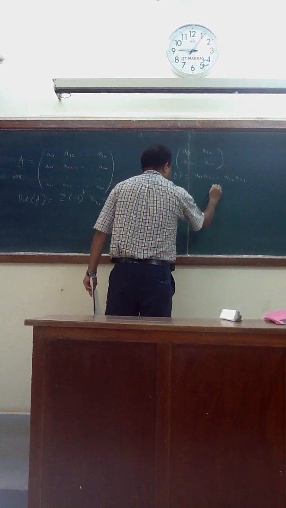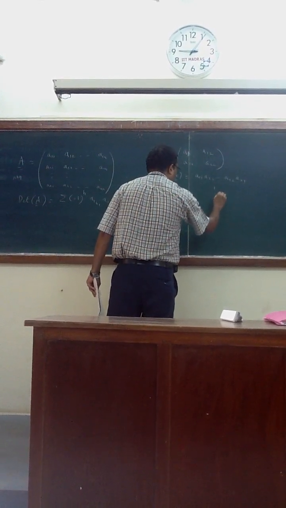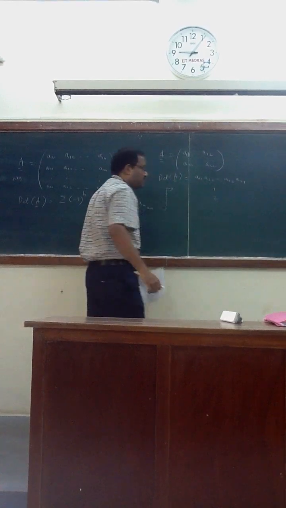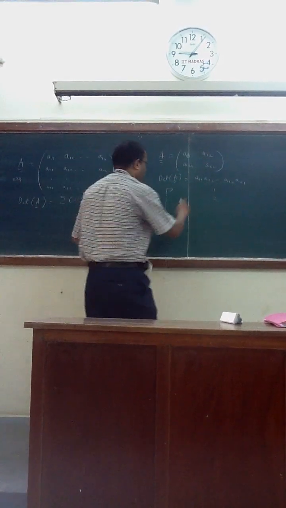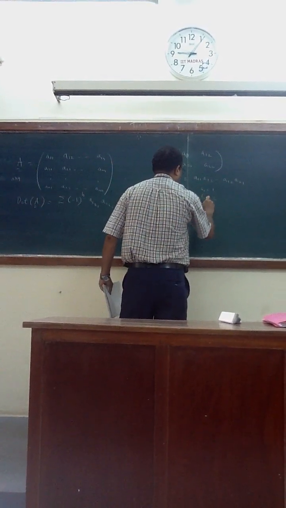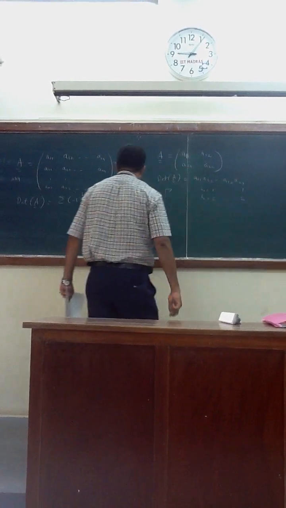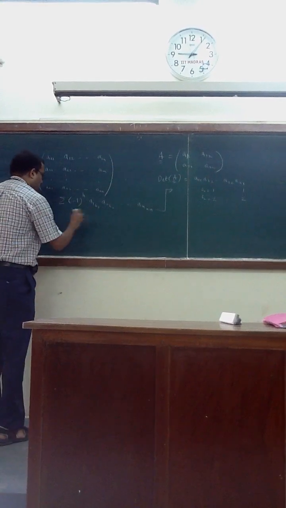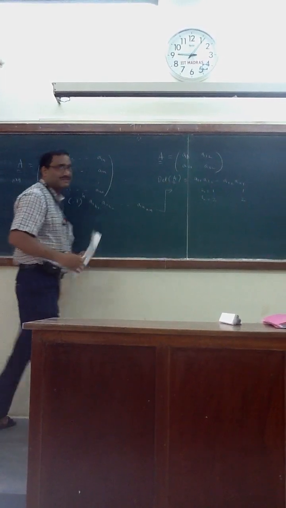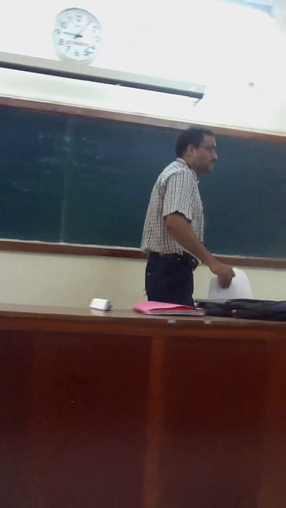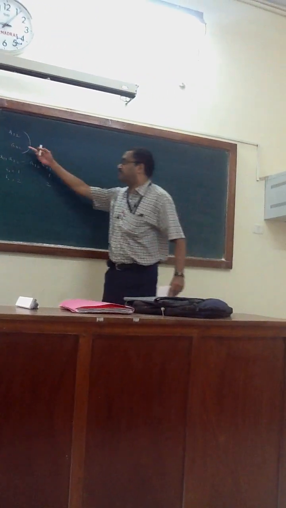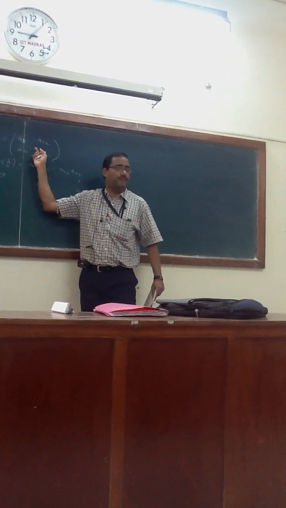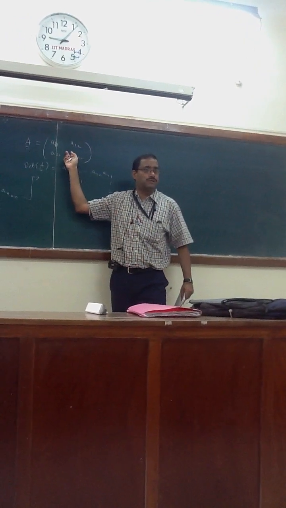The original structure is 1 and 2, where K1 equals 1 and K2 equals 2. And how many terms will there be? There will be n factorial terms. Here the order of the matrix is 2 by 2, so there will be 2 factorial terms, only 2 terms.